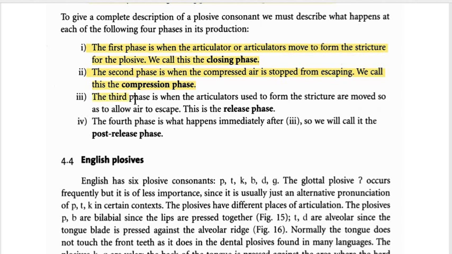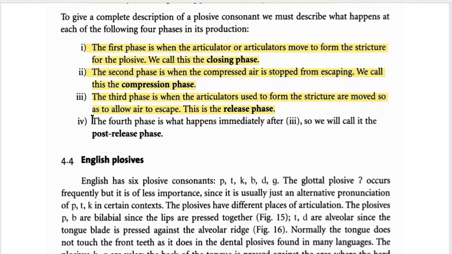The third phase, or third stage, is when the articulators used to form the structure are moved, so the air is now allowed to escape. It's called the release phase. When the articulators move apart from each other, the air is released and can actually escape.